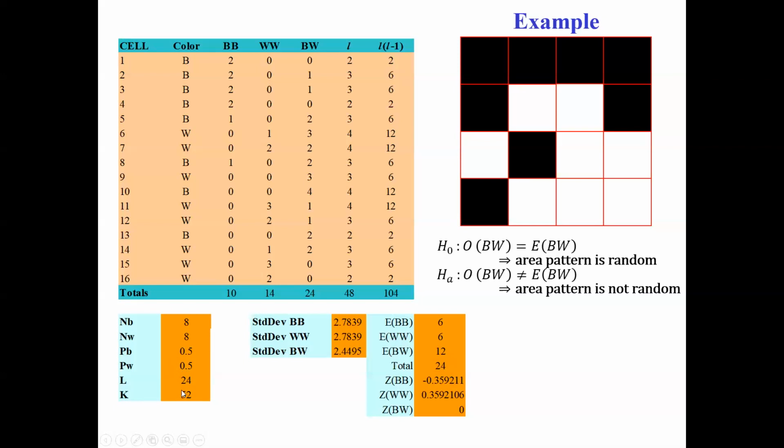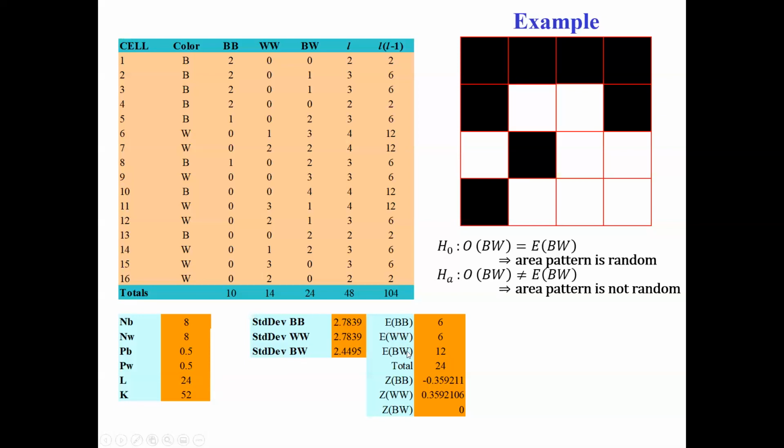And for the uppercase L and K, you can go back and review those two formulas. They are based on the table here. You can use this table to calculate K and L, right? And what else? The standard deviation for BB join, for WW join, and also for BW join, and the expected number for BB, WW, and BW.